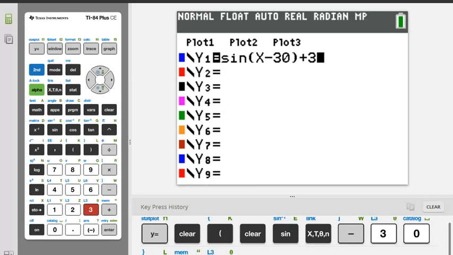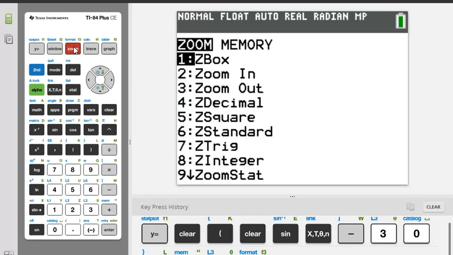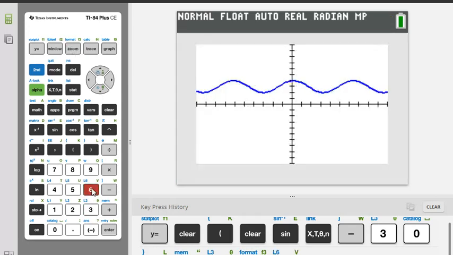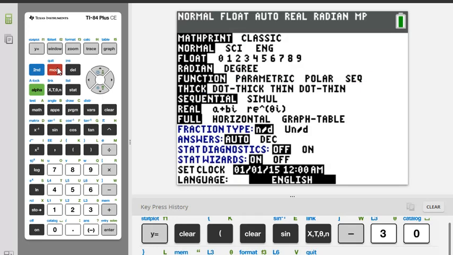Now, here's the thing. If I just do the graph and I just hit zoom 6, I get something that looks okay in this case. Although I'm not sure why. Well, I know why, because notice my mode is still in radian mode.